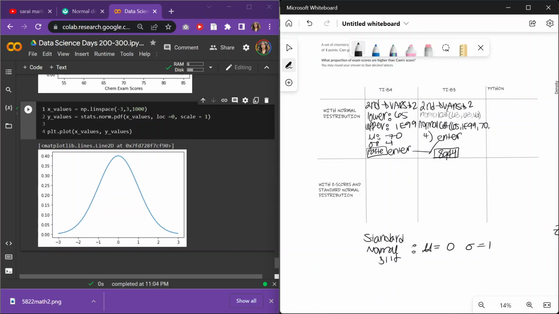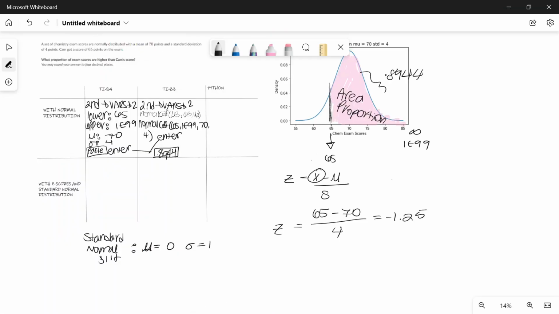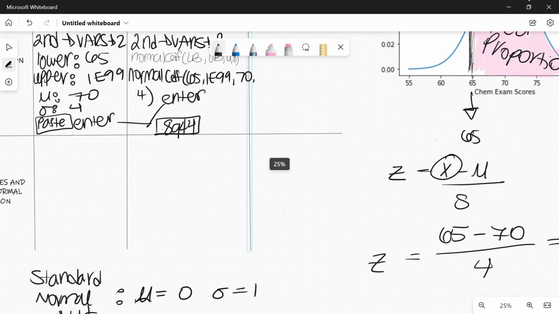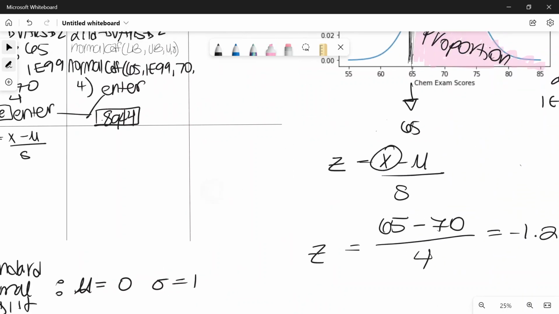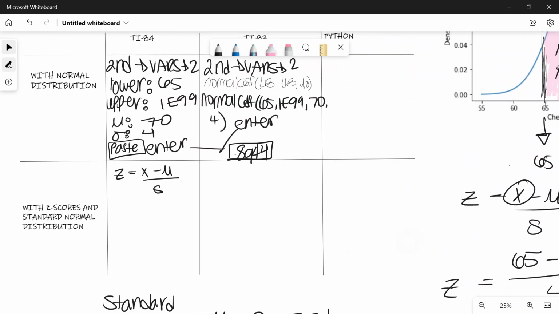So for the TI-84, so for where is my pen? I'm such a mess today. Okay, so again, your z-score is equal to x minus mu over that, and we said it was -1.25.